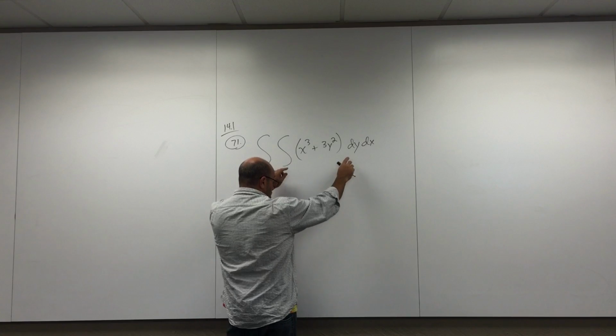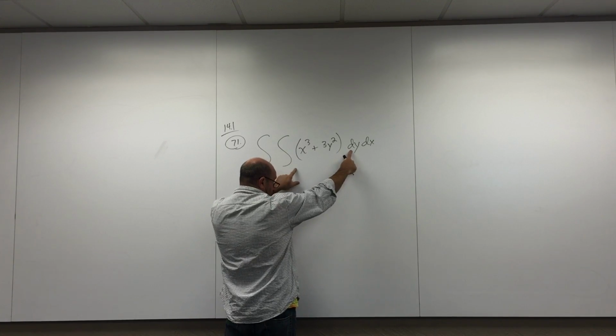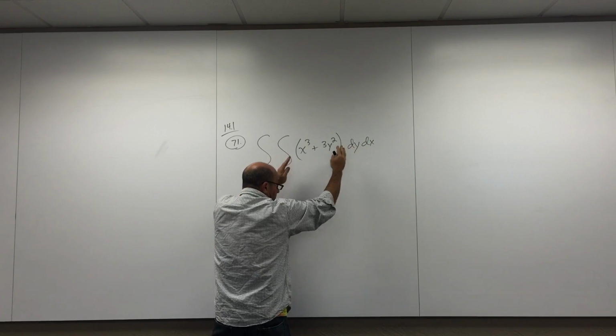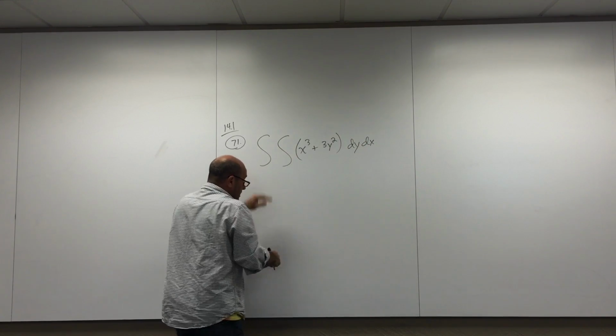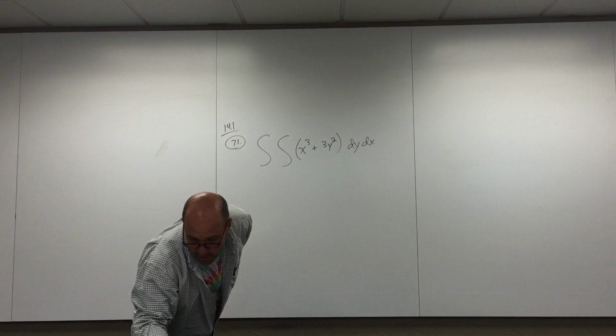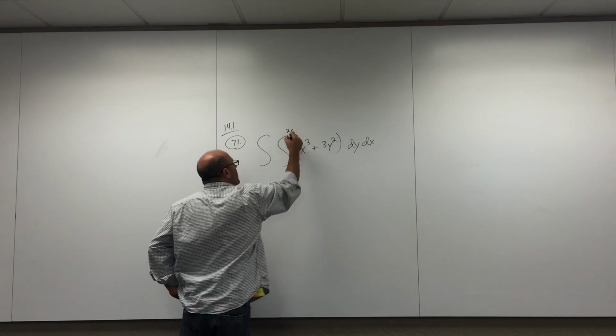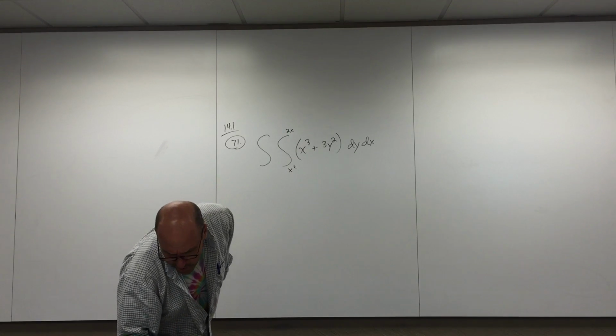That means we work on an inner integral with respect to y, then an outer integral with respect to x, working our way inside out. The bounds for the inner integral are x squared to 2x, and the bounds for the outer integral are 0 to 2.